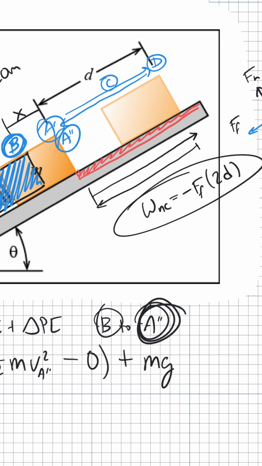mg times the change in height. Okay, so I'm going from B to A double prime. So here's B, here's A double prime. Okay, so that distance in height, if I could draw the triangle here, let's see, here's just like that. Well, that's a really horrible triangle. Maybe I should zoom in here. Okay, so here we go. So it's like this and like that, right?